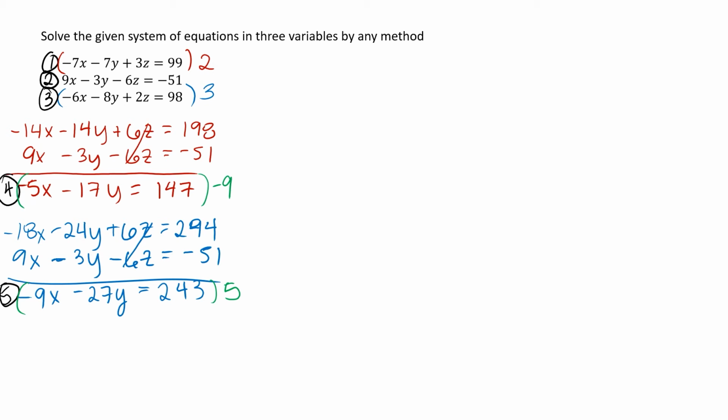When I multiply them out, I get the new version of 4, starred 4: 45x plus 153y equals negative 1,323.